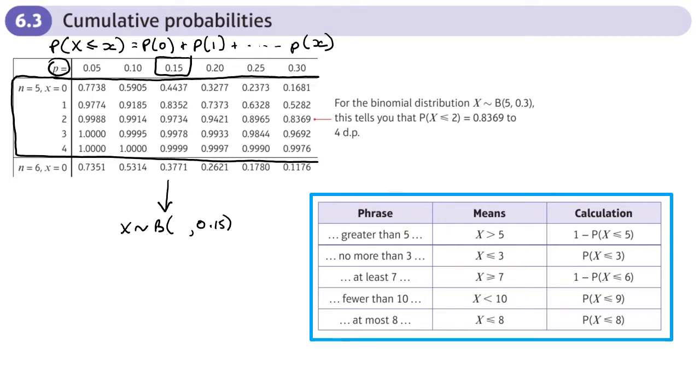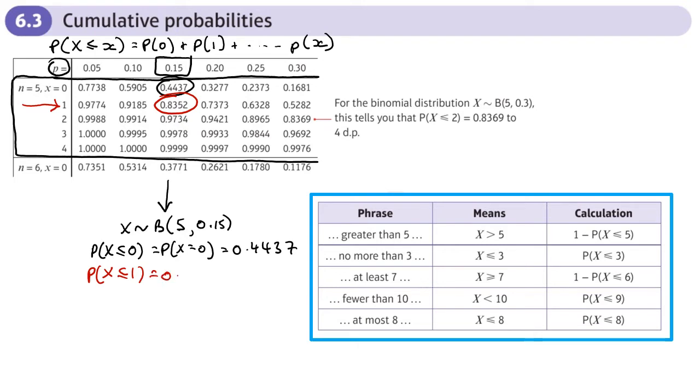Now, if I looked at this first value there, that first value is the probability that x is less than or equal to 0, which actually is the same as the probability of 0. So it's 0.4437. The next value down here gives us the probability up to 1, because you can see the 1 here. So the probability up to the value of 1, which is basically the probability of 0 and 1 added together, that's 0.8352.